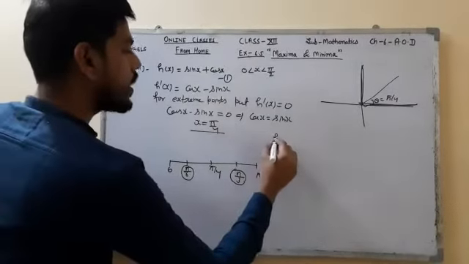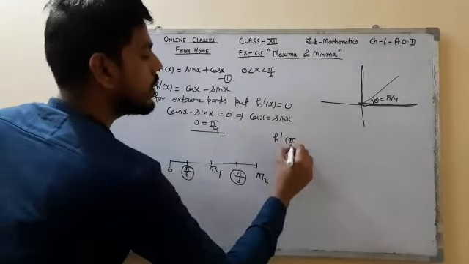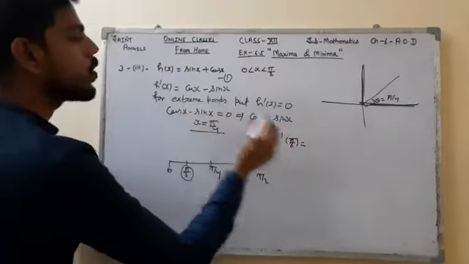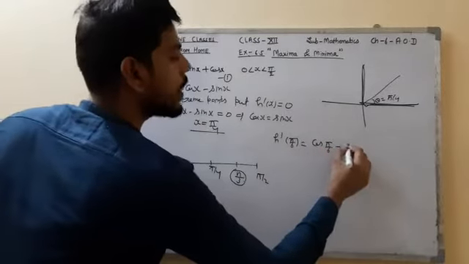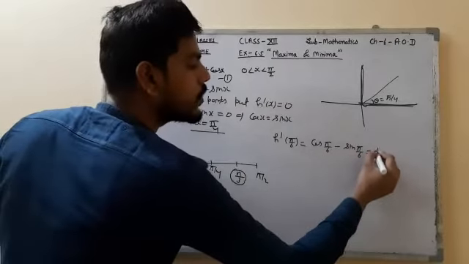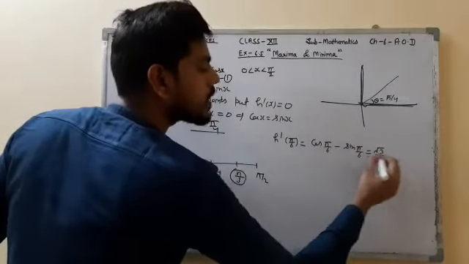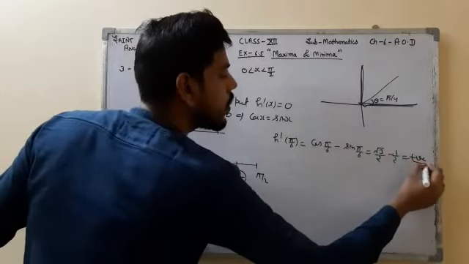Let me calculate the slope at pi by 6, that is h dash pi by 6. It would be cos pi by 6 minus sin pi by 6. Cos pi by 6 is root 3 upon 2 and sin pi by 6 is 1 upon 2, so it would be positive.